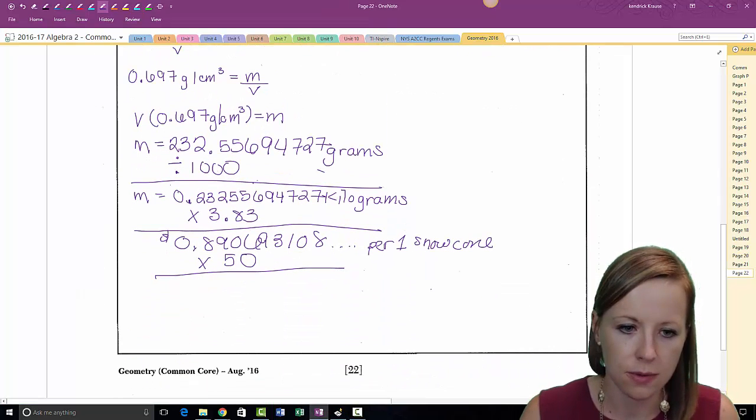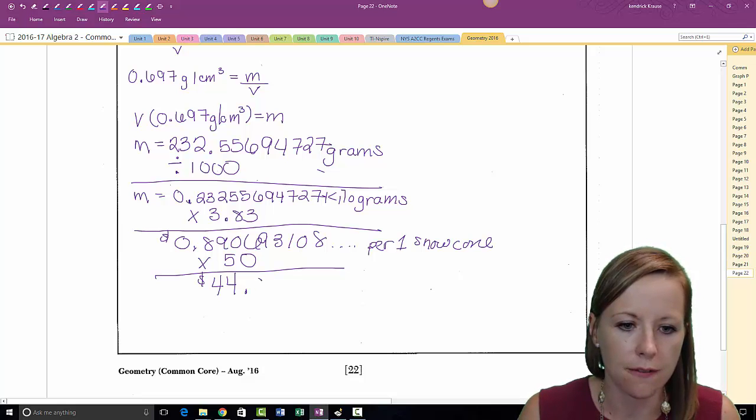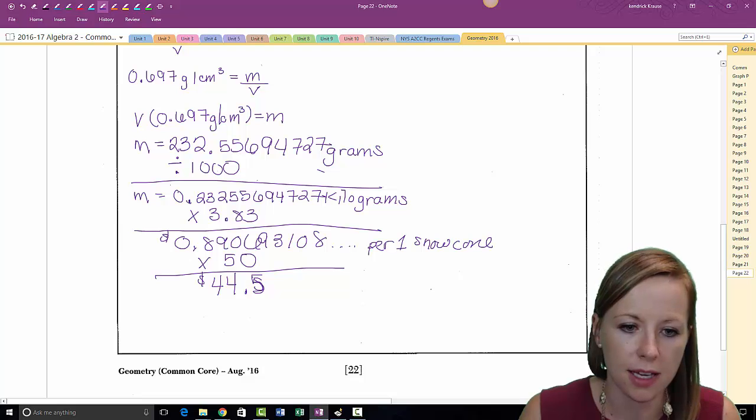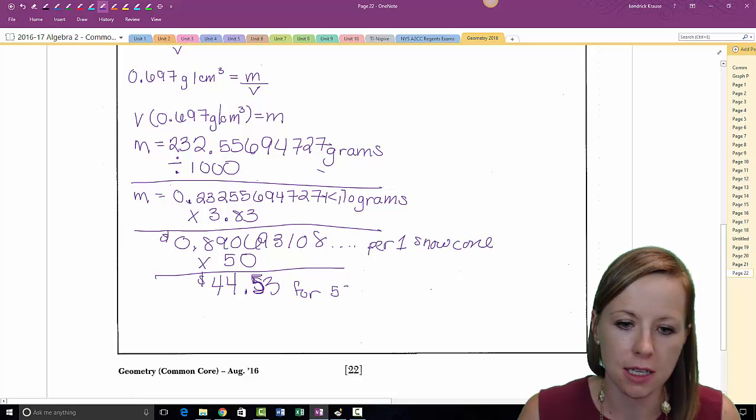That's $44.53, oh my goodness, my fives. Sorry. $44.53 for 50 snow cones.